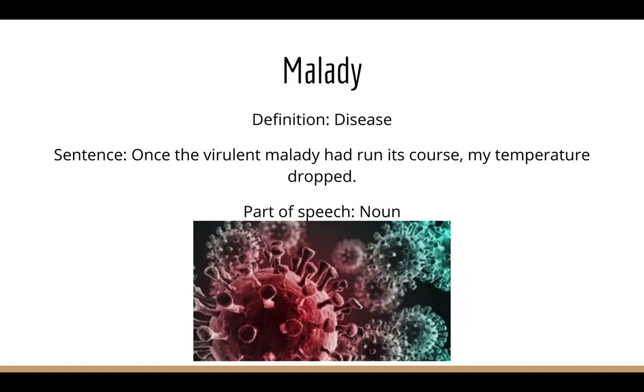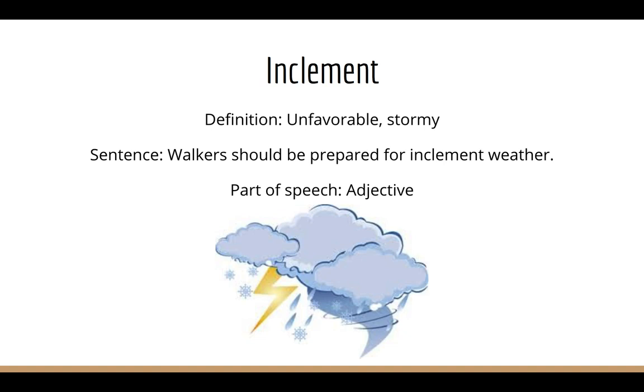Okay. The next word is inclement. I thought it was inclement at first. Inclement means unfavorable and stormy. We hear this word all the time when we're traveling in flights. Did you ever hear the pilot announcing, please put on your seatbelts, we have inclement weather?